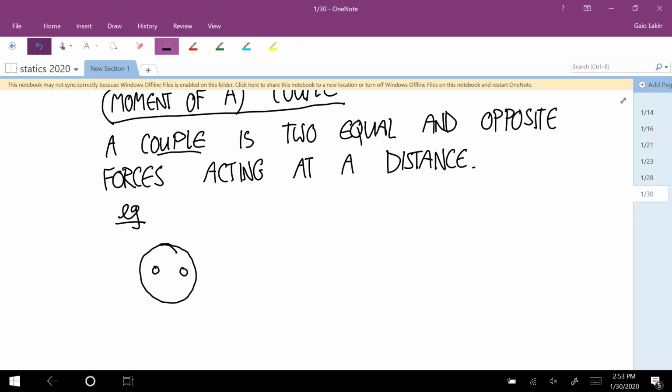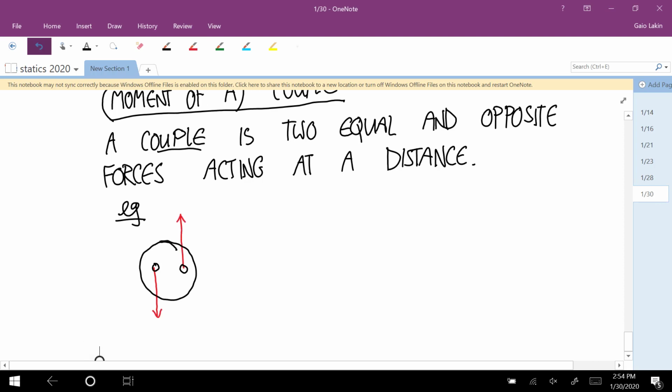You put one little notch in there, and when you turn the spanner, it applies a downward force there and an upward force there. They're equal and opposite forces. So if that force is the opposite direction and the same magnitude as that other one, that's a couple.